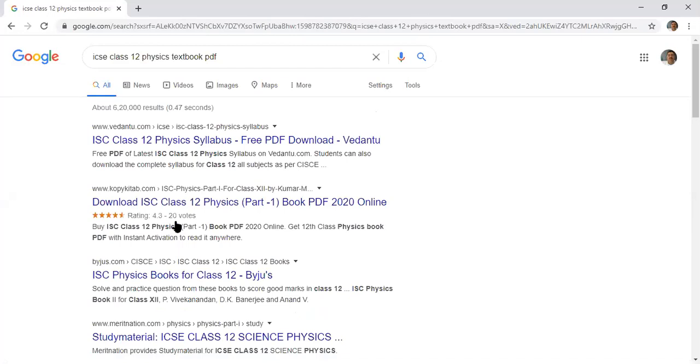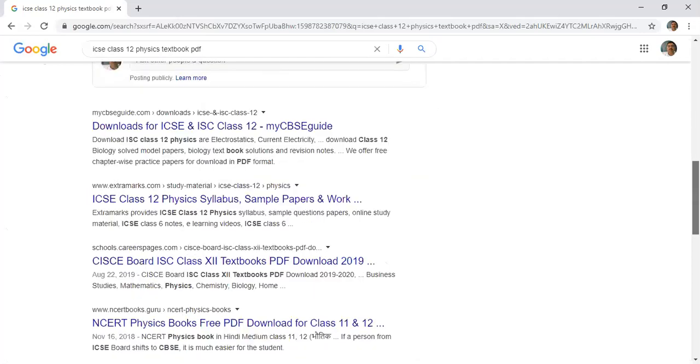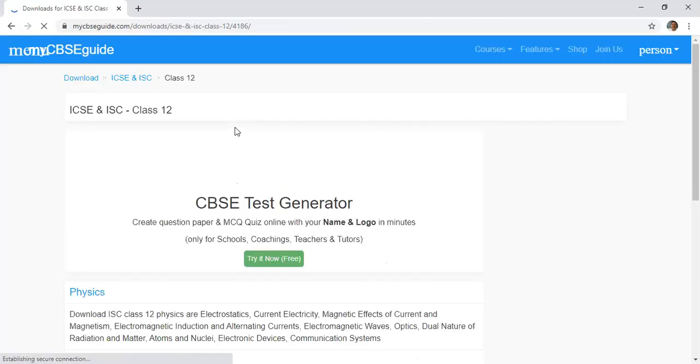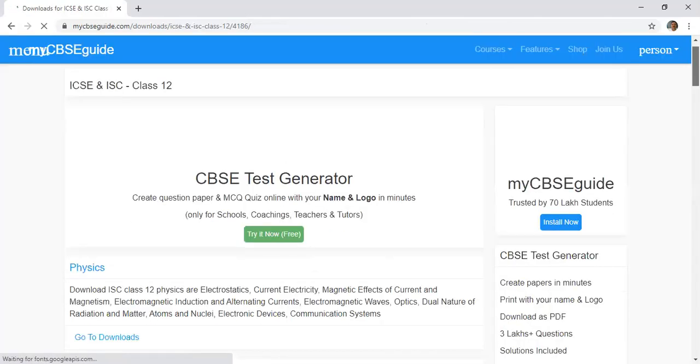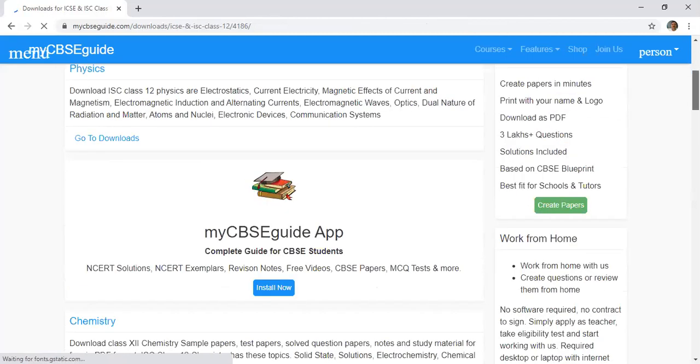Write this problem. So which problem? The maximum power rating of a 20 ohm resistor is 2 kilowatt.